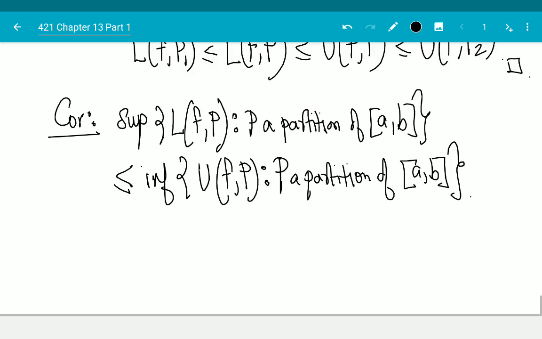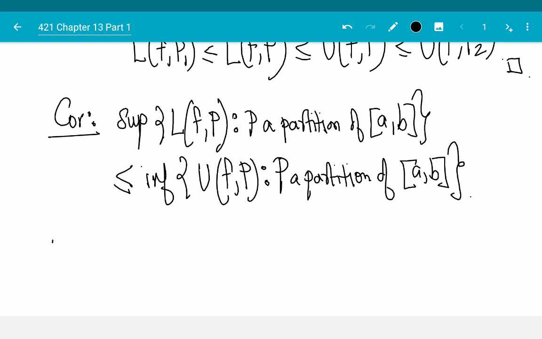So this is a direct consequence. Every element of the set of upper sums is bigger than every element of the set of lower sums, and we have seen as a result that the supremum is smaller than or equal to the infimum.